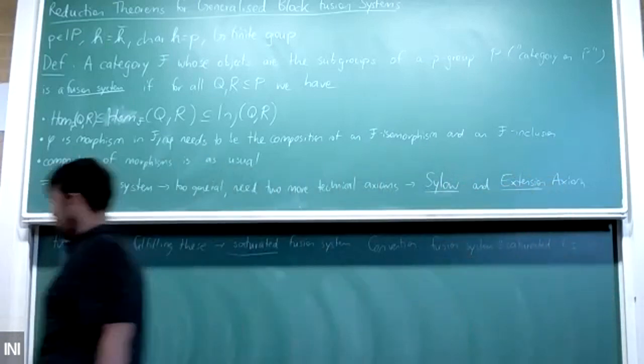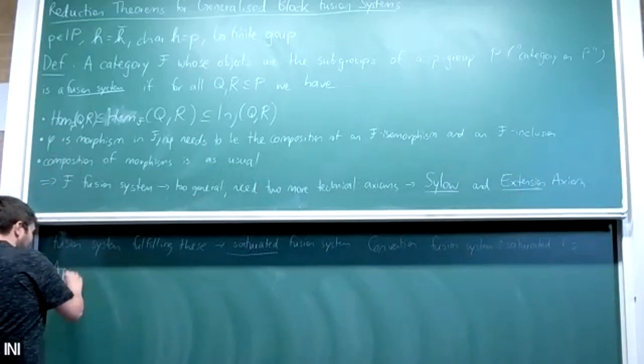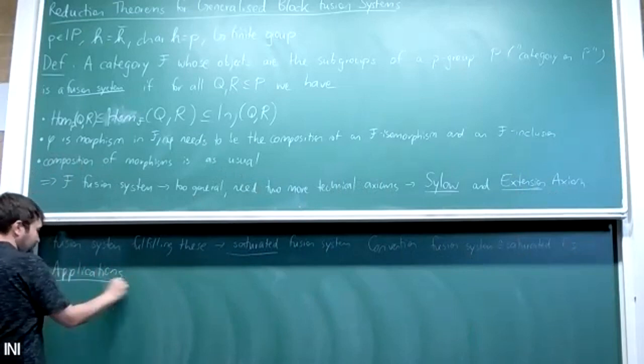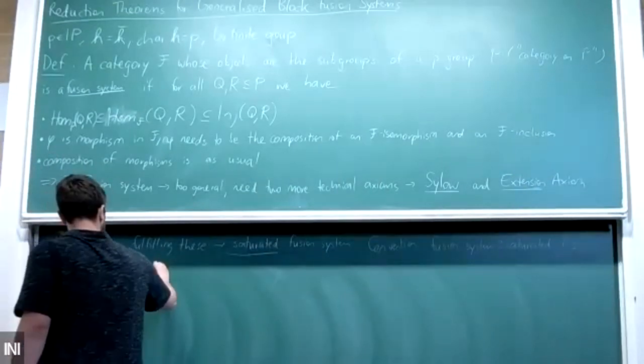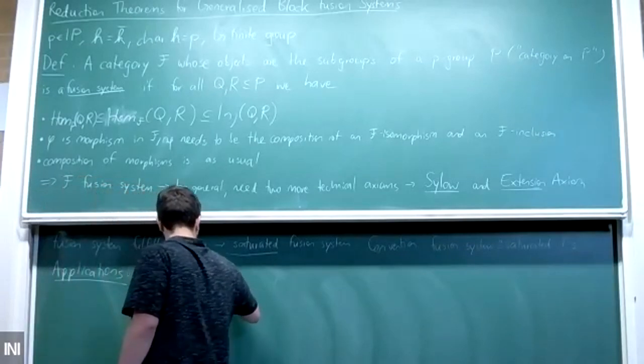Okay, so this is nice. We have a category, but why should you be interested in those? Well, they have applications in several disciplines of algebra. Firstly, in group theory, there's something called Aschbacher's program.